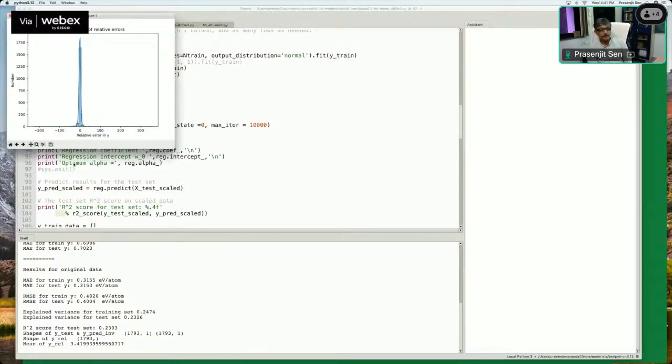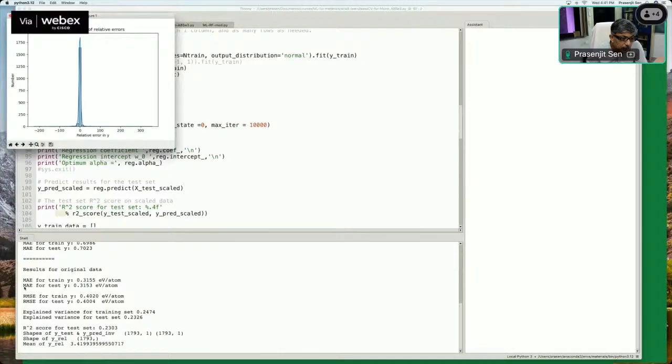Relative error is basically how the distribution of the error in the prediction looks. You see that the peak is pretty much close to zero, and very large deviations are very small in number. That is exactly what you want, but that doesn't mean that you have acceptable performance.